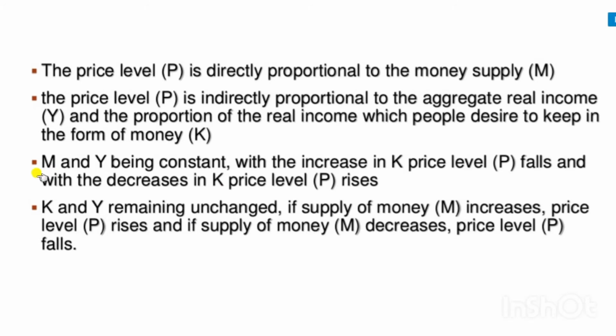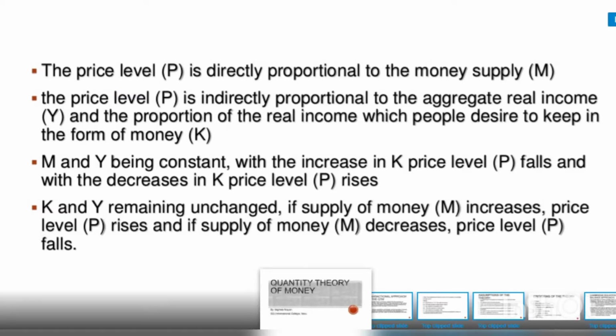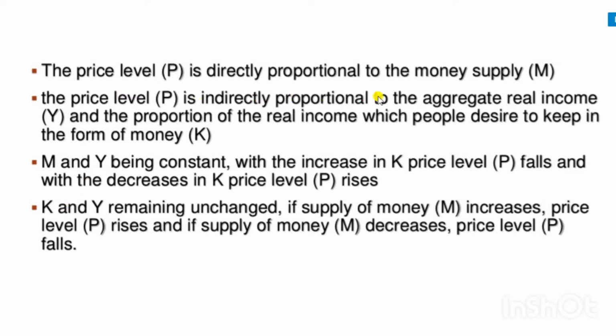According to this, the price level P is directly proportional to the money supply M, and the price level P is inversely proportional to the aggregate real income Y. As students, we are saying that the relation between the price level and money supply is directly proportional. It means that if the price level rises, money supply also rises in the economy.